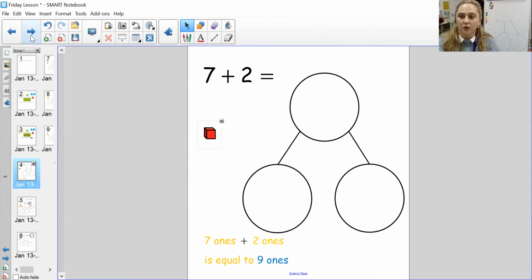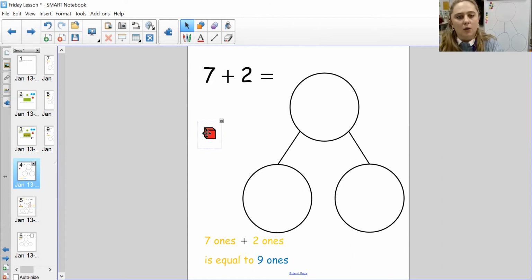7 plus 2. I would like you to use your part whole model and follow along with me. So I need you to be putting the same amount of 1s in your tens frame along with me, okay? So we've got a part of 7. So what do we need to do?